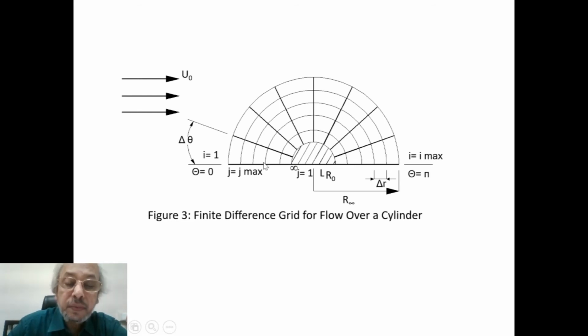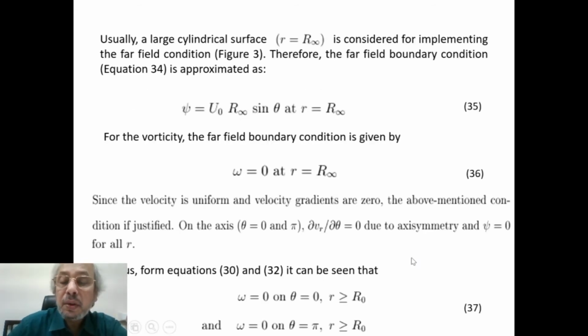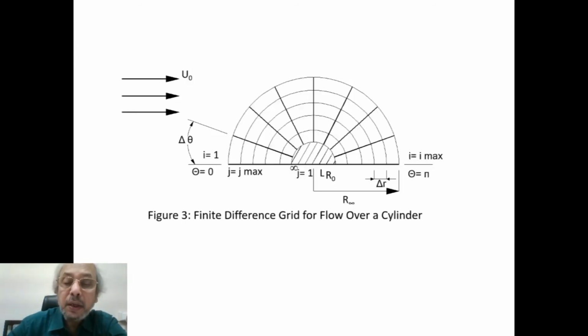If the lower half is exactly symmetric, the gradient in the theta direction is 0 and psi equal to 0 at all r. This is on the axis, all r, psi equal to 0.